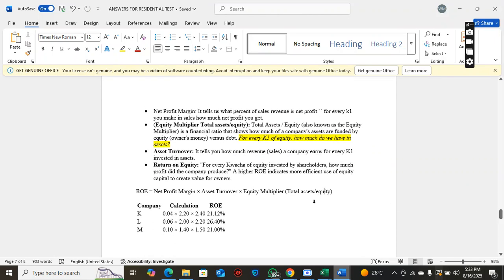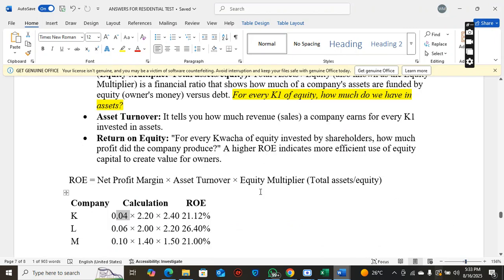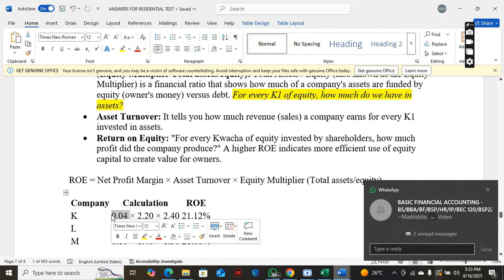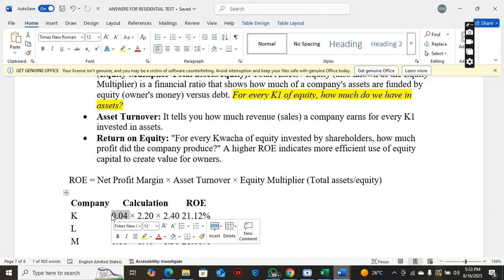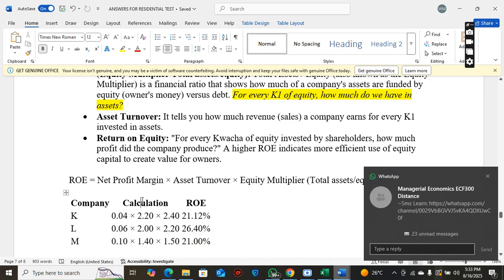So for company K, net profit margin 0.04. So we interpret this: since their net profit margin is 0.04, for every one quarter they make in sales, they're making four ngwe in net profit.